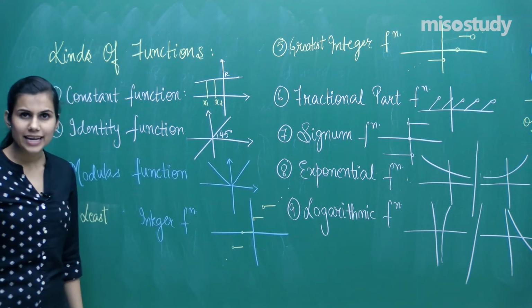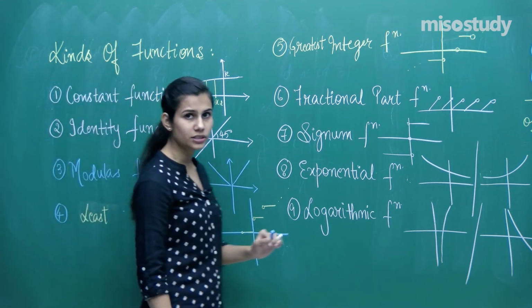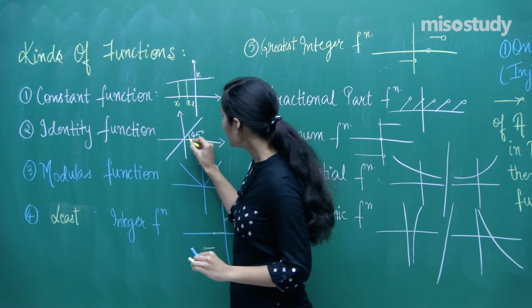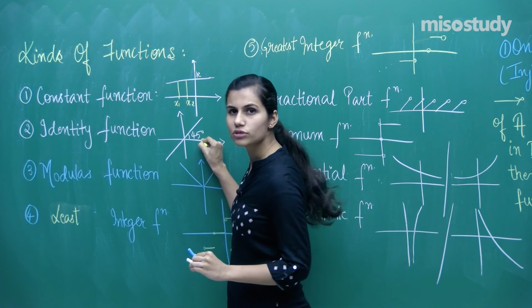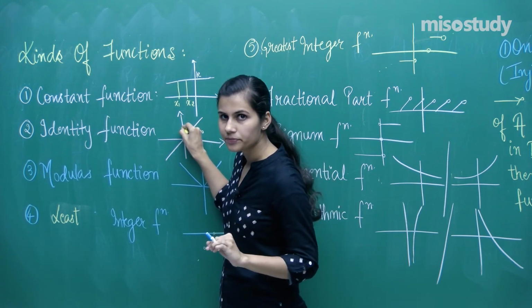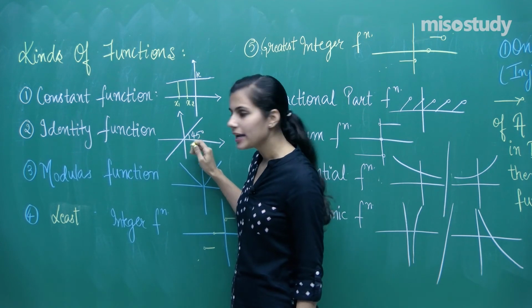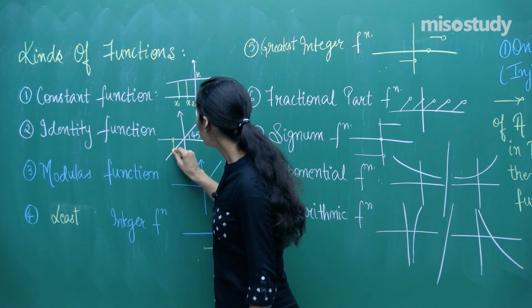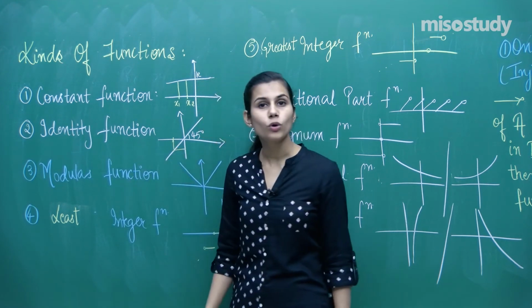If I move on to the next function, which is the identity function, the depiction of this function says that corresponding to any number you take, you will have that same number as the image. You take any element in the domain, the same element happens to be the image in the codomain.